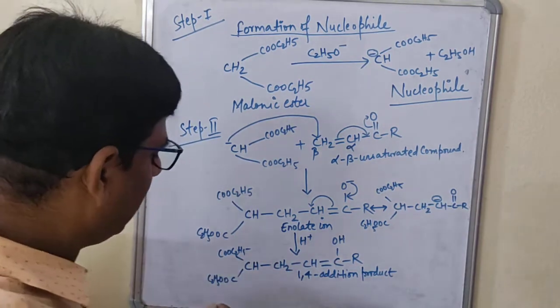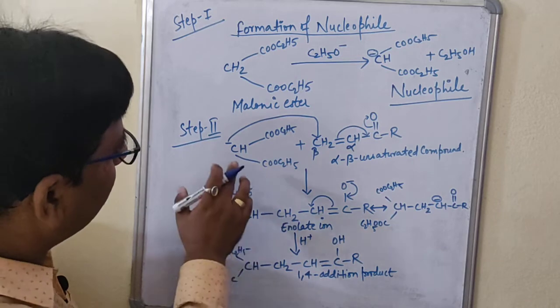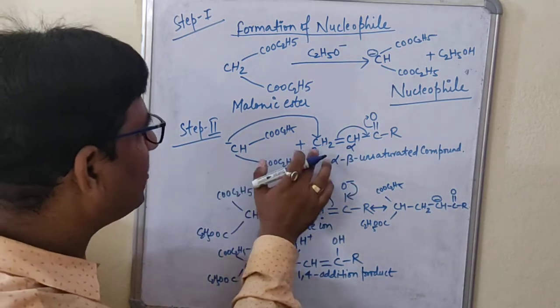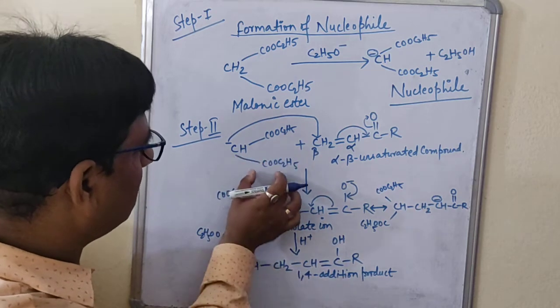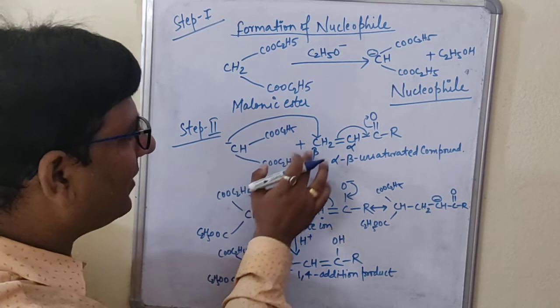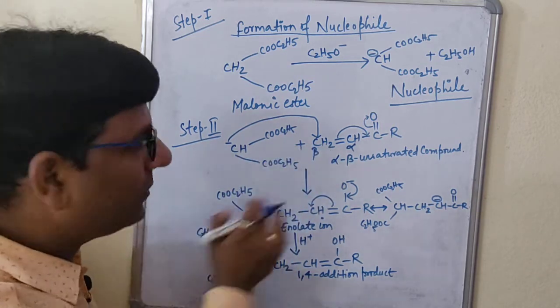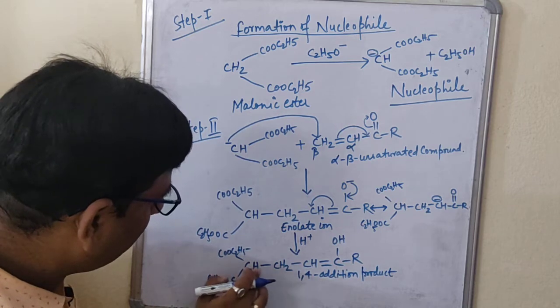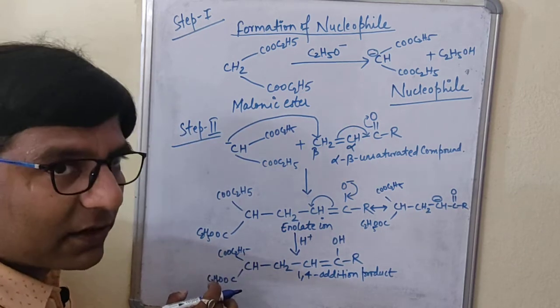Just see this structure: the CH2, this CH and this entire COOC2H5 and COOC2H5 has been attached to this carbon, that is CH2, where I have already attached this group.